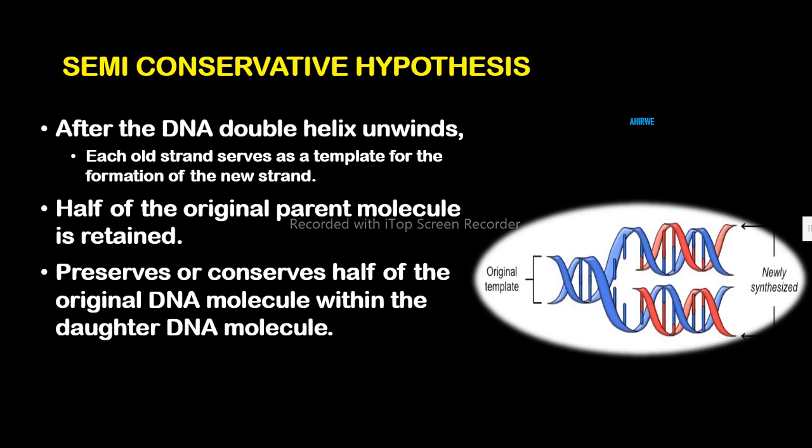In that, half the strand of DNA is going to be from the old template strand, and half is going to be the new complementary strand that has been formed. So that's your replication.